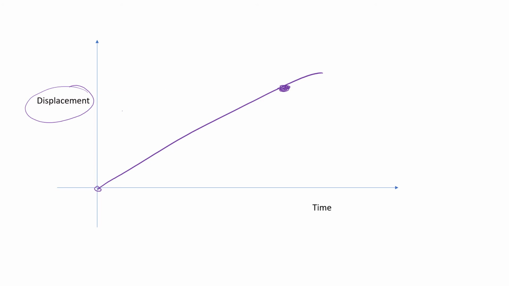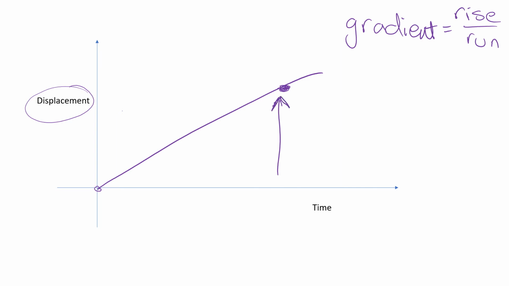Now, if we work out the gradient of this line, gradient is equal to rise over run. So our rise will be change in displacement.